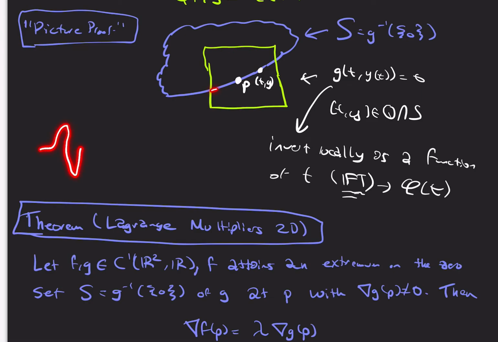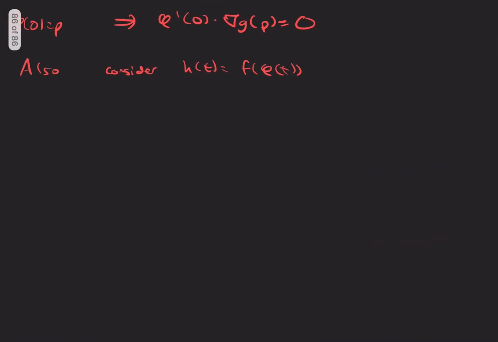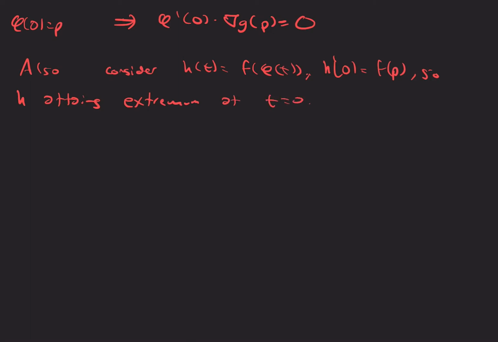Now I can view f like it's a one-dimensional function, where as a function of t, I simply get the value of my function f, and so we can take derivatives of this. h of 0 is f of p, so h attains an extremum at t equals 0.